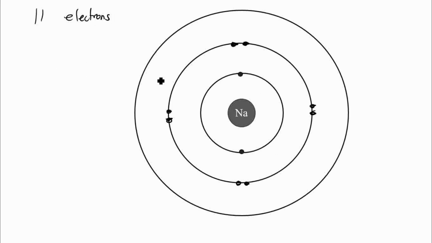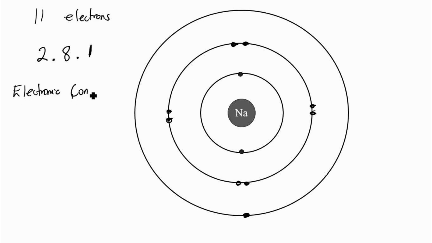So I've used 2 on the first shell, so I'm going to represent that as a 2. Put a dot in between to separate the shells. Then I've used 8 on the next shell. So that gives me a total of 10 so far, which means that 1 electron is remaining. That's going to go on my third shell. So it is 2.8.1. And this is referred to as the electronic configuration.